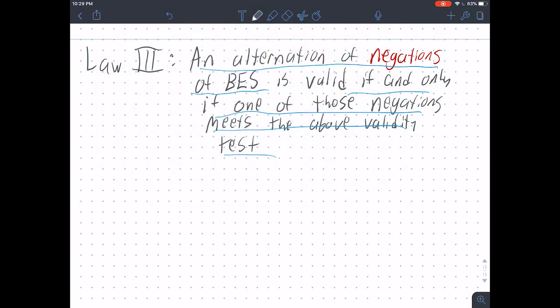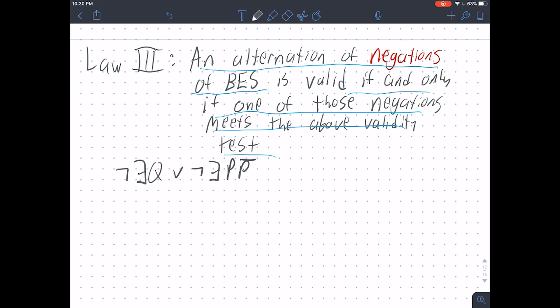So we want something like not P or not Q. I'm just using simple ones, so you should be able to see how this works. Actually, I'm going to change this letter just to make it clear what's going on.